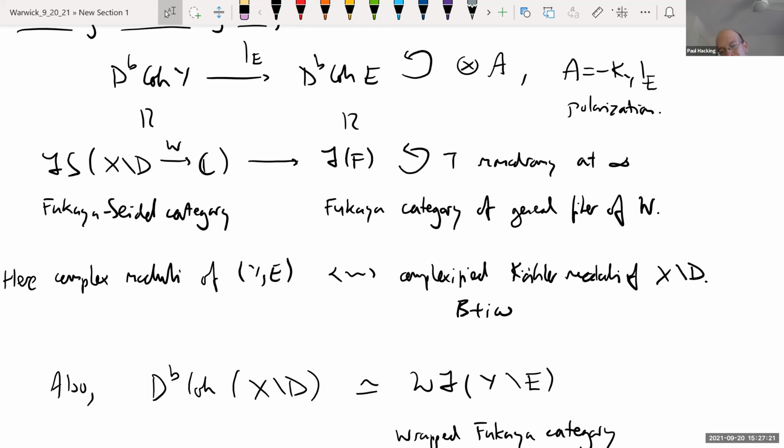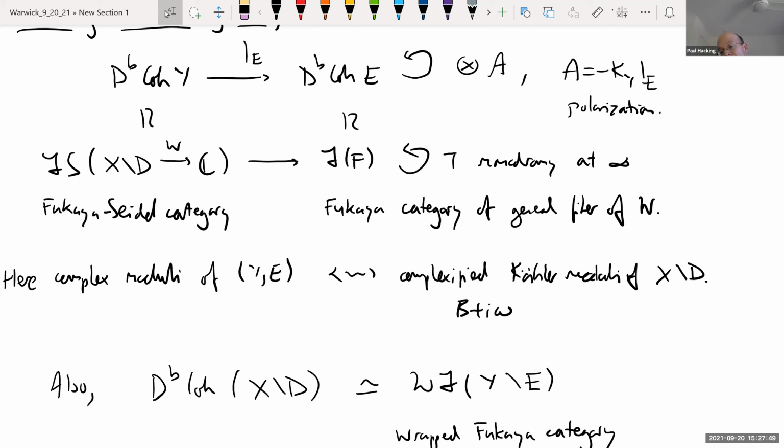I don't want to say too much about the wrapped Fukaya category, except that this is just a version of the Fukaya category for certain non-compact manifolds where you allow certain non-compact Lagrangians with controlled behavior at infinity. And you also have to modify the definition of morphisms in the Fukaya category for those non-compact Lagrangians.